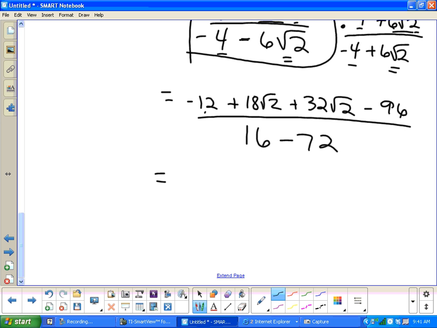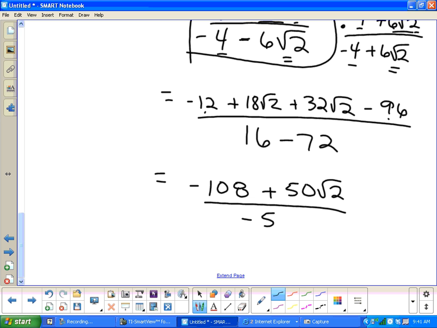Negative 12 and negative 96 would be negative 108. 18 square root of 2 plus 32 square root of 2 would be 50 square root of 2. All right, and now 16 minus 72, do that.